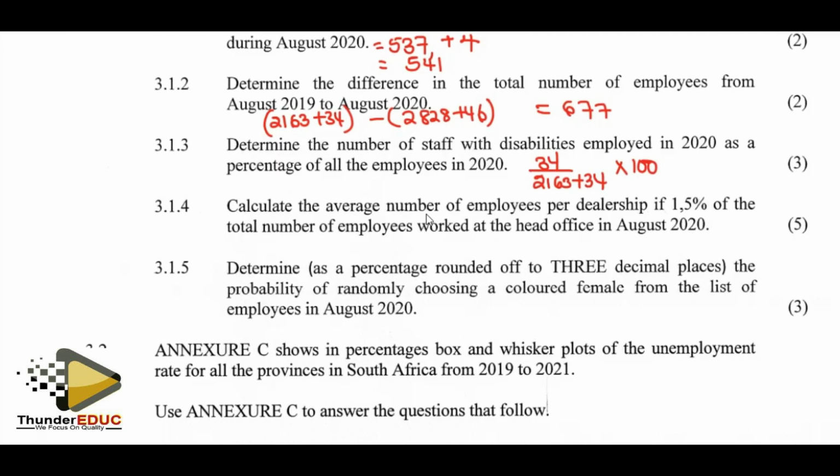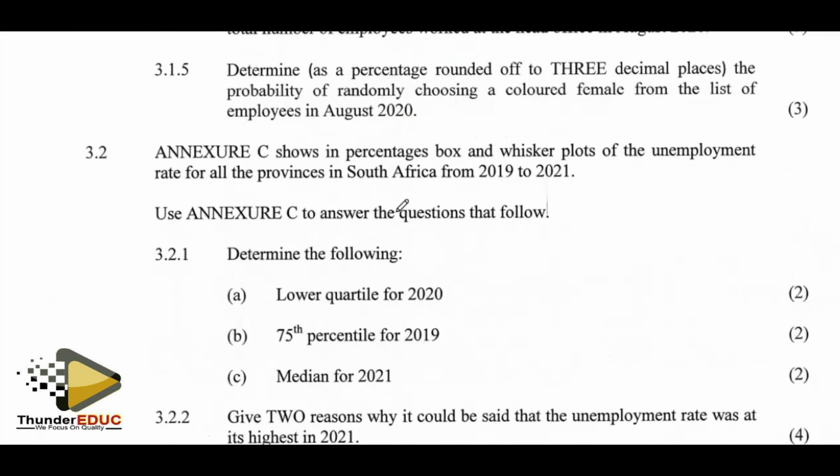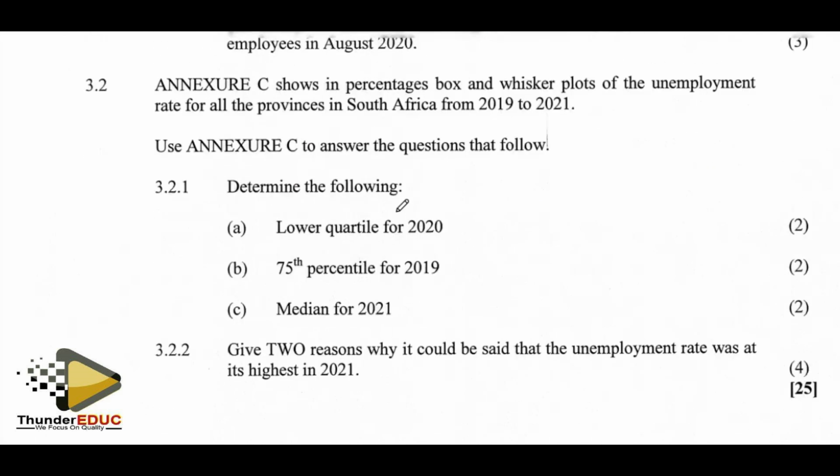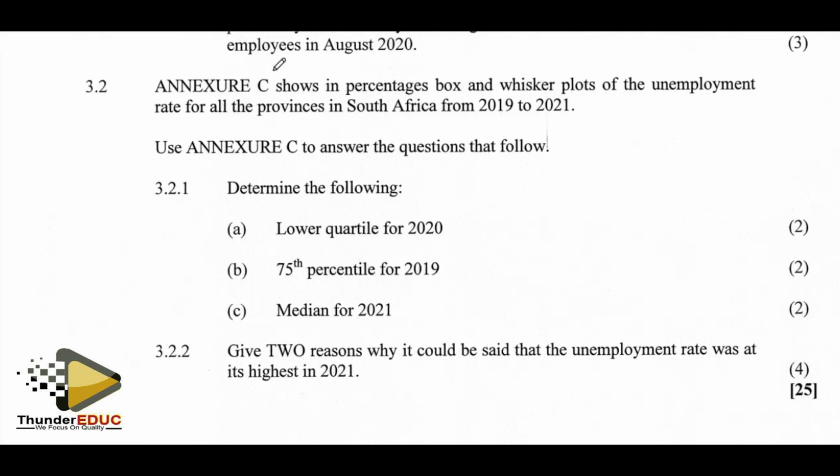Multiply by 100 because you're looking for percentage. One comma 5%. Go to the next chart.